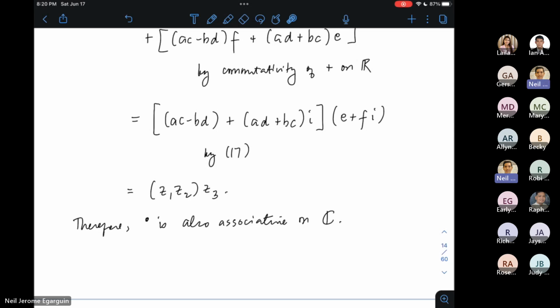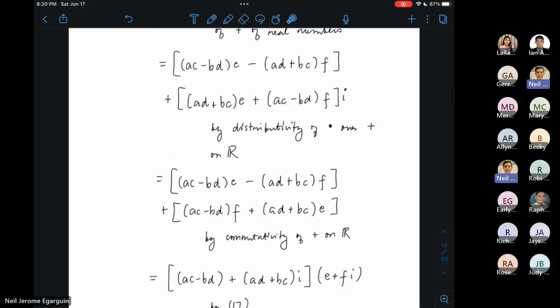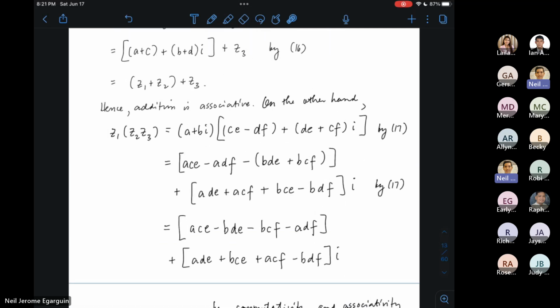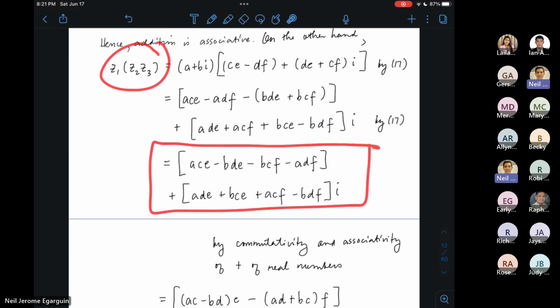But again, medyo mas mahiwaga yung gagawing pag-group para mapakita yung equality ng quantity Z1 times Z2 times Z3 at ng Z1 times quantity Z2 times Z3. Well, what you could have done here is simplify this first hanggang dito. Okay? Then set it aside. So pakita mo yung Z1 times Z2 times Z3 ay equal dito.